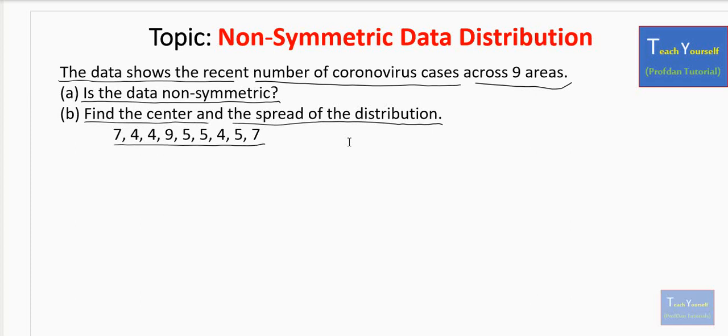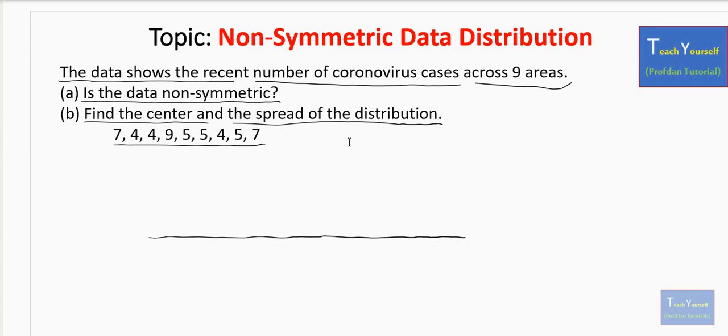Okay, so the very first thing we're going to do is let's plot this data to see or ascertain if it is symmetric or non-symmetric. The first thing you're going to do is to have a number line and place your data on it. So we can see the smallest number we have here is 4.